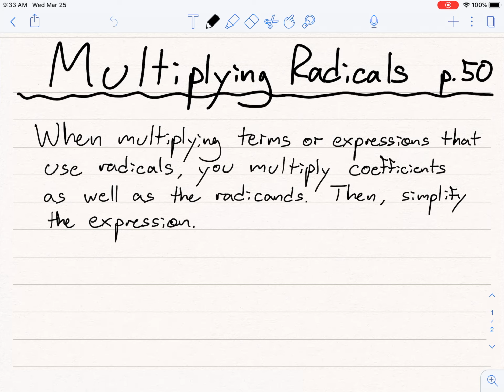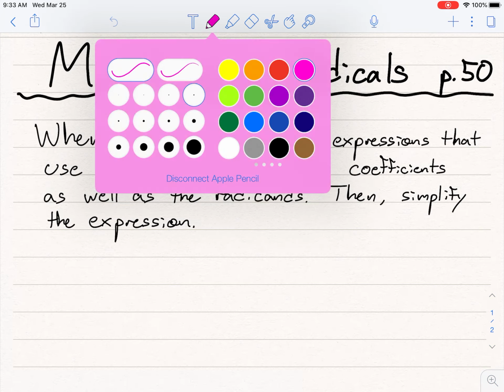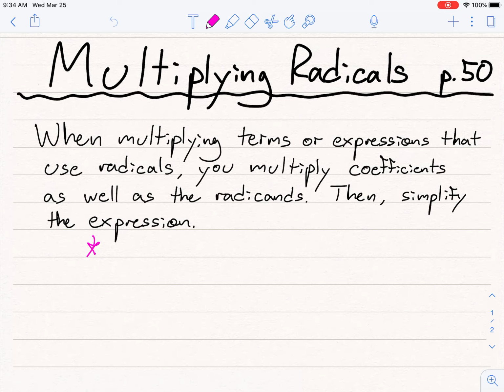So when you are multiplying terms or expressions that use radicals, you multiply the coefficients as well as the radicands. Then you simplify the expression. To put that into simpler terms, so this maybe you want to copy down into your notes as well.